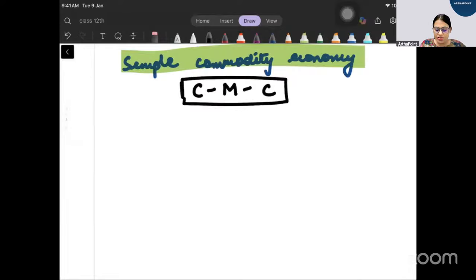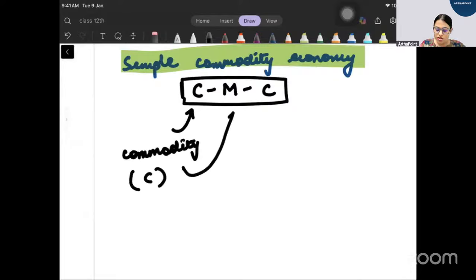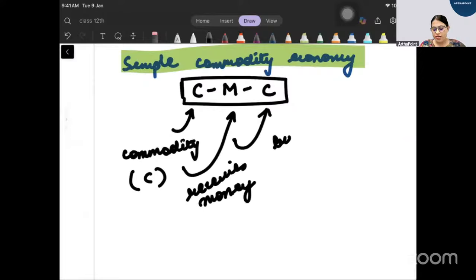CMC circuit means that there is a person who sells a commodity. कोई एक बंदा commodity बेच रहा है, C, for which he receives money. ठीक है. For which जो भी पैसा वो कमा रहा है, he is using that to buy another commodity.